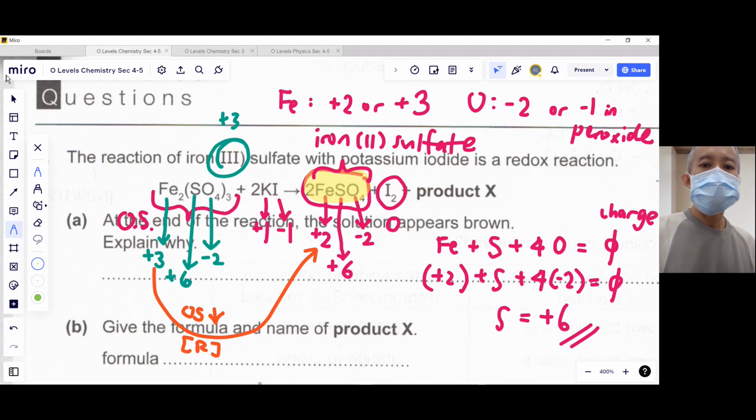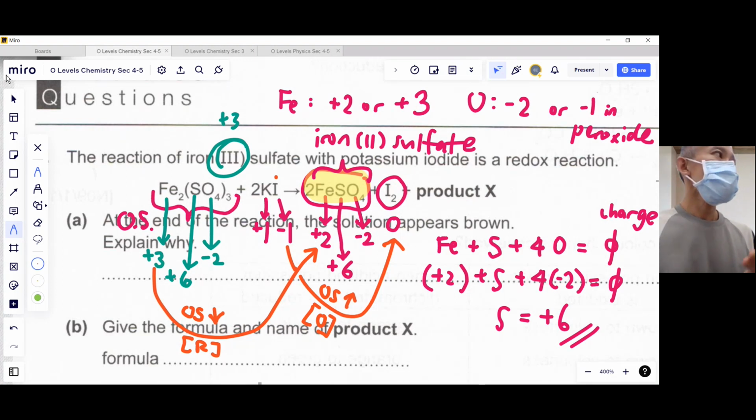From +1, iodine has become 0, and this means OS has increased. By definition, this is an oxidation. So I repeat, as long as there's a reduction, there must be an oxidation somewhere, and vice versa. Always remember that.